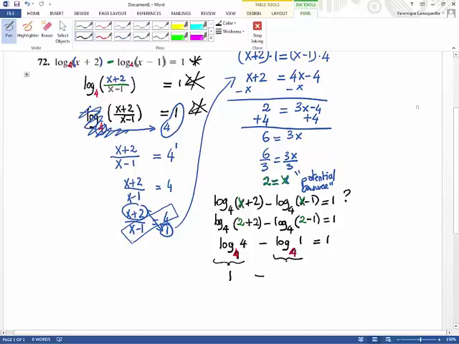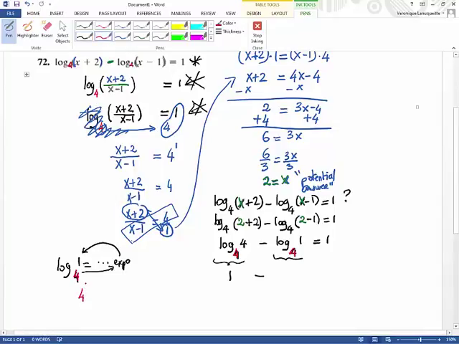Minus, now let's evaluate the second log. What is log base 4 of 1? Let me do that on the side in case that helps. So log base 4 of 1 is an exponent, such that if you raise the base 4 to that exponent, you will get the number inside the log. You would get a 1.